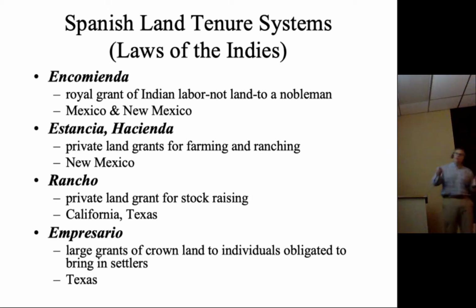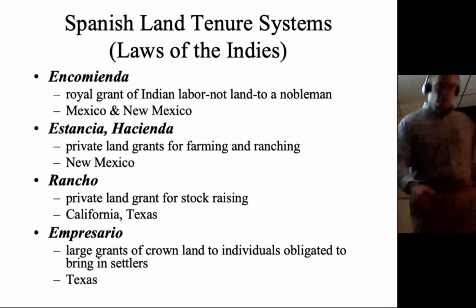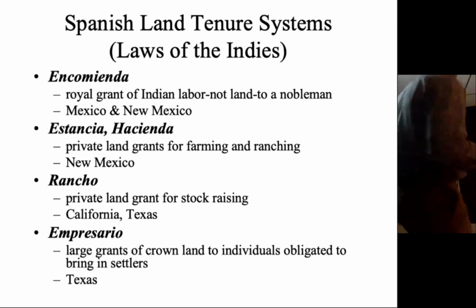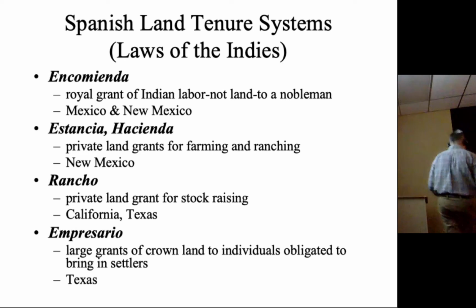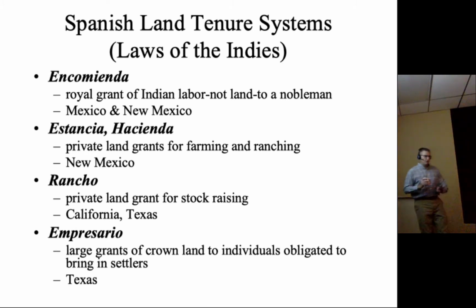Now, the one that you've probably heard about before is the encomienda system. The encomienda system was established in New Spain in Mexico much earlier than it was ever established in North America.